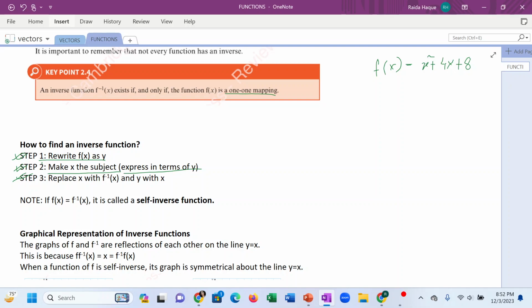Now we cannot find an inverse of f(x), but they have told us that x is less than or equal to 0. Since they have told us x is less than or equal to 0, now we know that it is a one-to-one function and it does have an inverse. So how do we find that inverse?